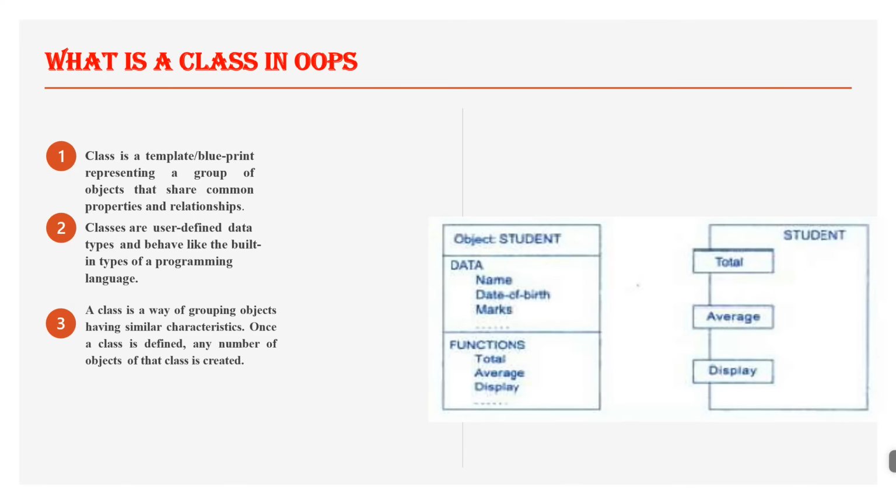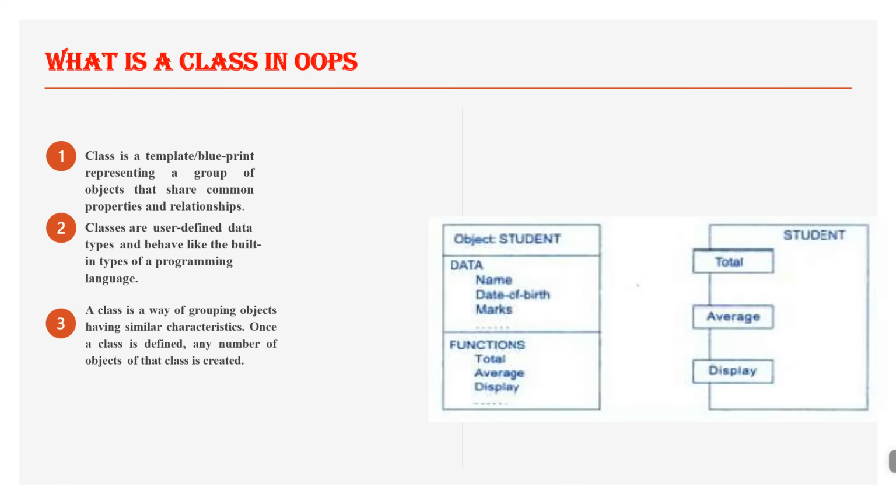Just like we declare int, char, float, int a comma b comma c in C. What do you mean by int a comma b comma c? A, b and c are variables of integer type. So a group of variables which share common property. What is the common property there? It is integer. A is an integer, b is an integer, c is also an integer.